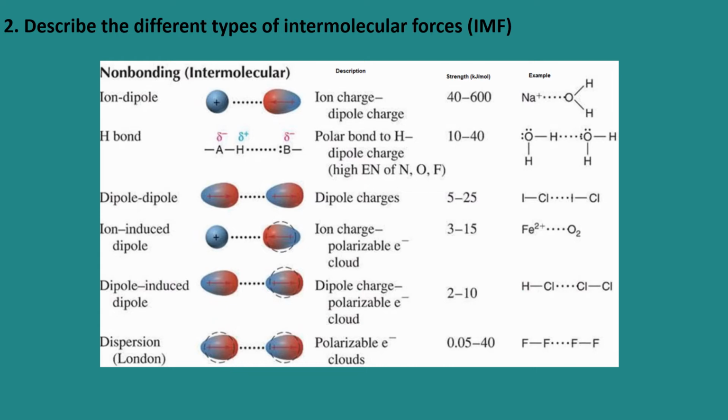So if you put HCl near a chlorine atom, the HCl induces the formation of a temporary dipole in the chlorine atom, right? So one side of chlorine would be positively charged, and the other chlorine atom would have a negative charge.